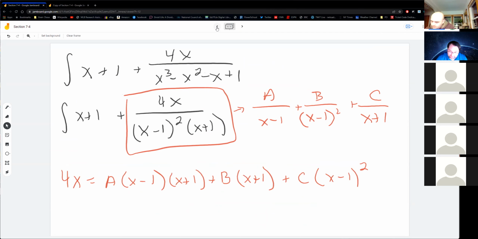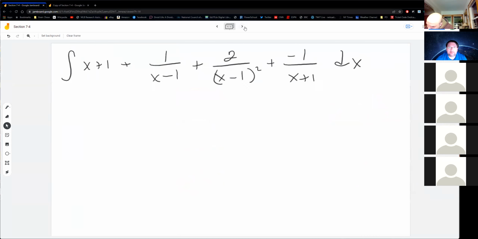So I have 1 over x minus 1, and then I have 2 over x minus 1 squared, and then I have negative 1 over x plus 1. So that's what I have.